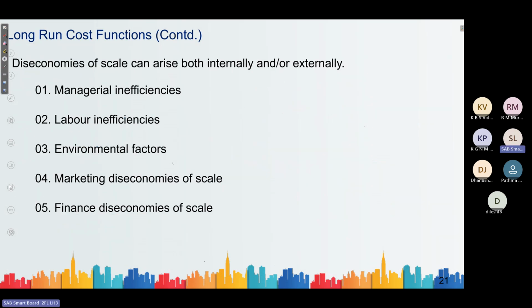And the next thing is about diseconomies of scale. Diseconomies of scale arise because of the same reasons we discussed, but with some additional scale. Managerial inefficiencies: what happens? When the firm is excessively large, proper communication channels will be lacking. So what the top management needs will not be properly communicated to the ground level workers.